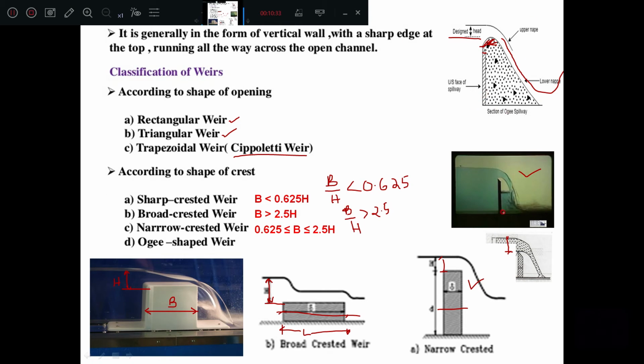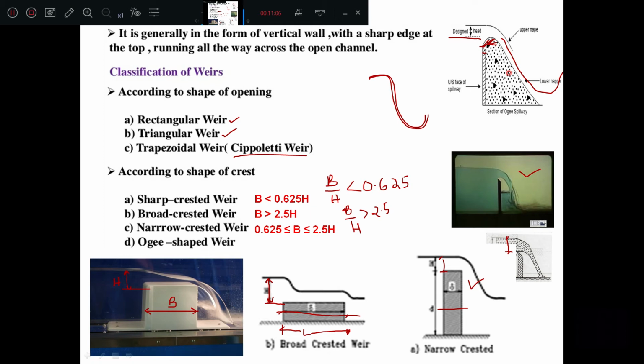The flow over an ogee weir is almost similar to the flow over a rectangular weir, and it has a reverse curve shaped like an elongated letter S, like this. A reverse curve, an elongated reverse curve shaped like an S. See here, this one is the lower nape and this is the upper nape.